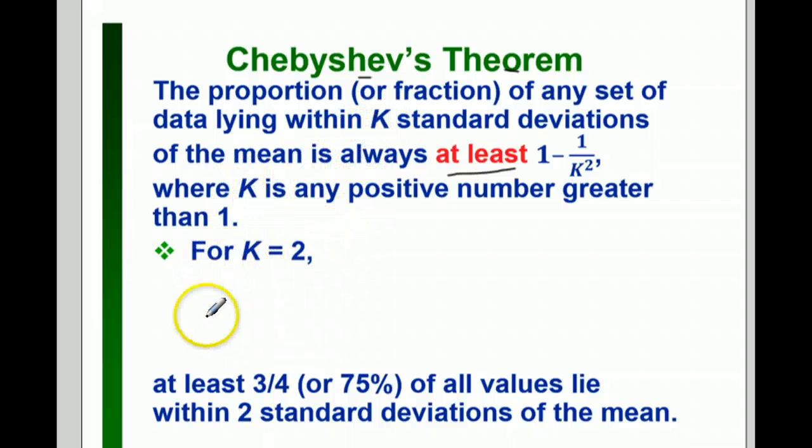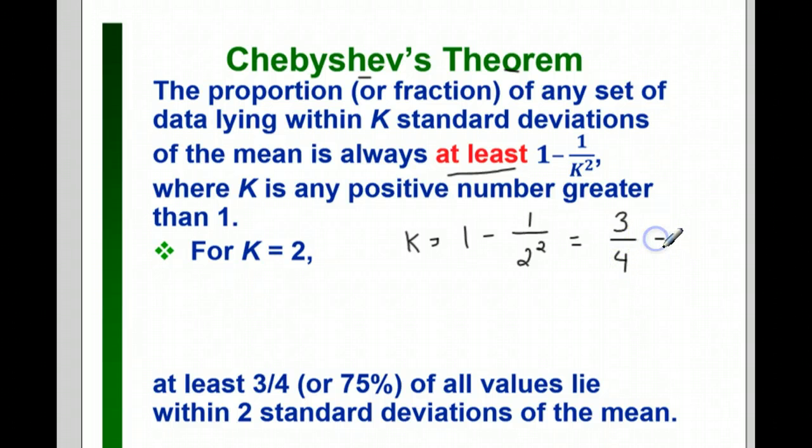So just so you can see where this is coming from, if k is equal to 2, I replace k with 2, and I get 1 minus 1 over 2 squared. Alright, 2 squared is 4, so that's 1 minus 1/4. 1 minus 1/4 is 3/4. Alright, and 3/4 is 75%.